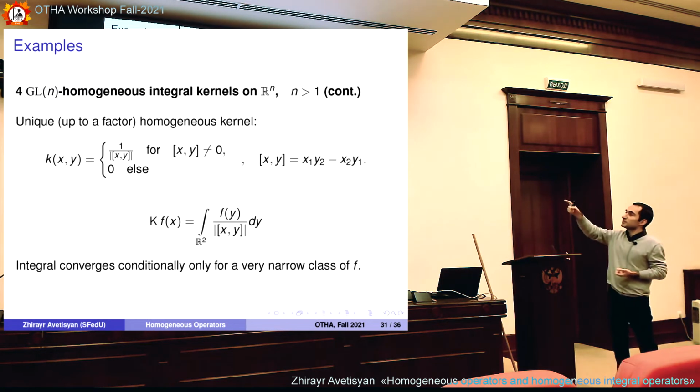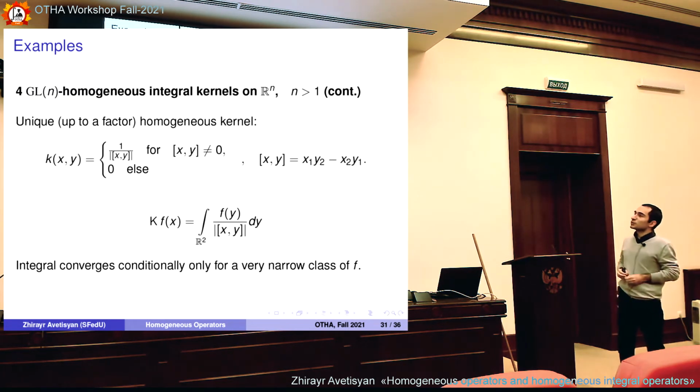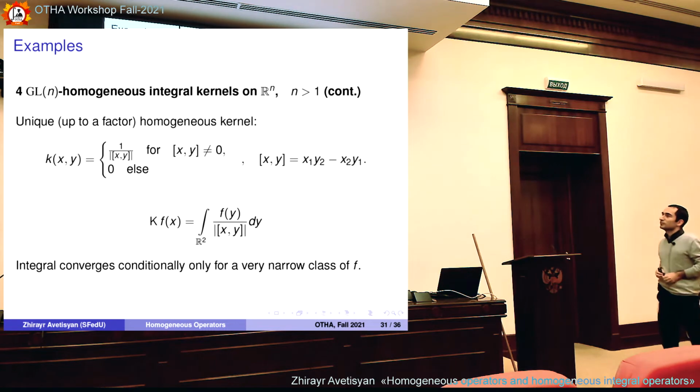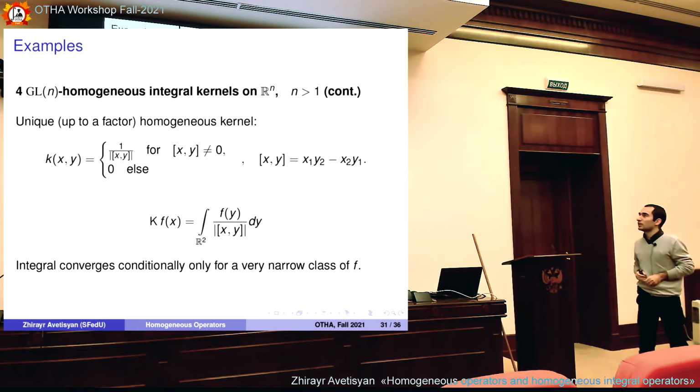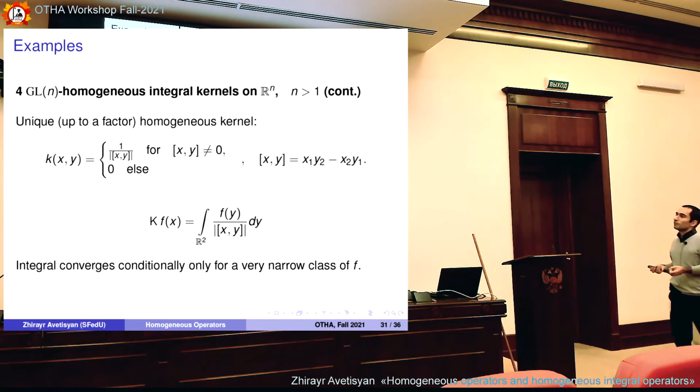And that is this kernel, k(x,y) equals 1 over the absolute value of the scalar cross product of two-dimensional vectors, x1 y2 minus x2 y1. And the corresponding integral operator is this. You see, because the kernel is, as expected, singular, but it's also everywhere positive.